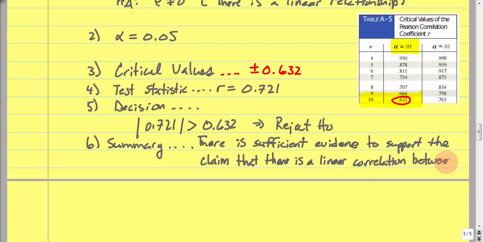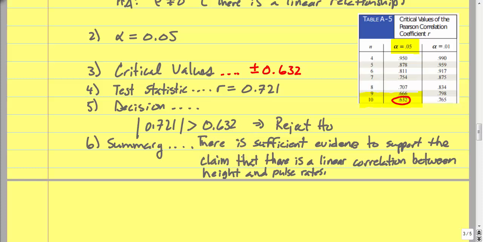And the two variables that we were looking at here were height and pulse rates. Now something interesting, that doesn't mean that height causes a higher pulse rate or pulse rate causes a particular height. We can't establish causation, we can just establish correlation. There might be a physiological reason for this relationship, but this doesn't answer that question. This just says there is some sort of correlation right now.